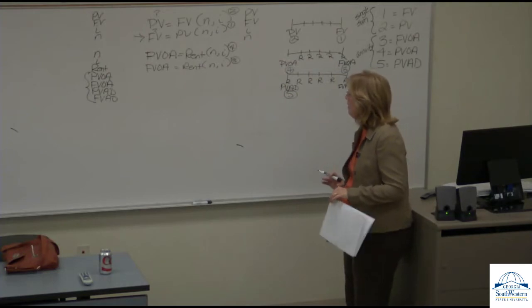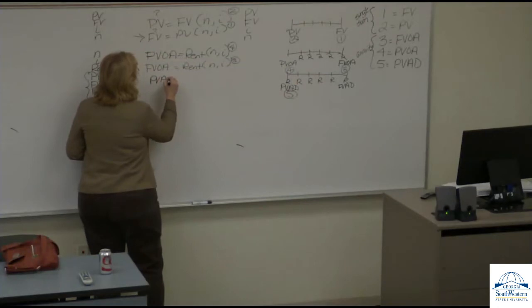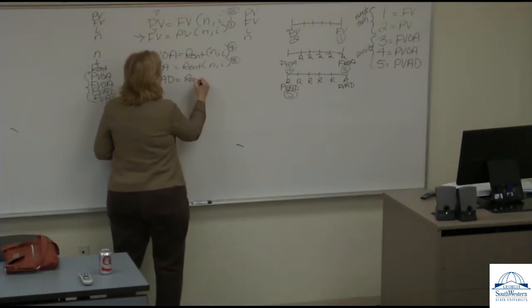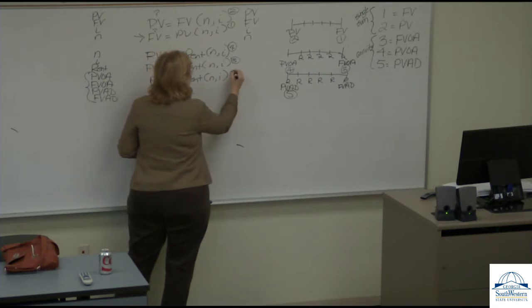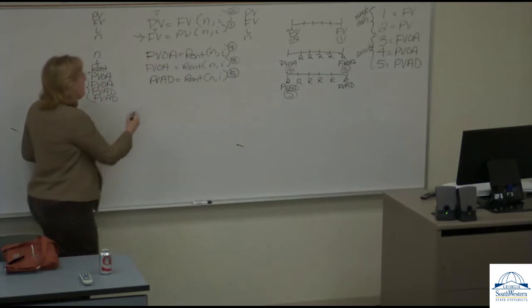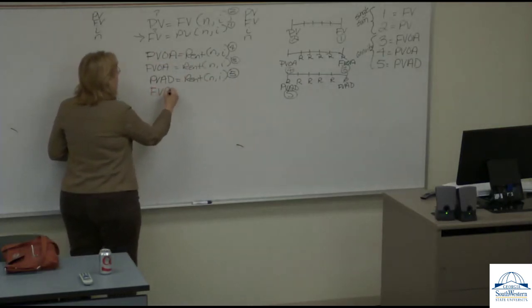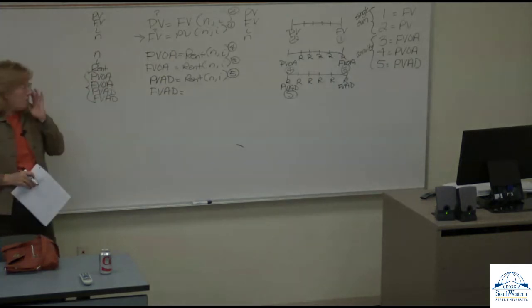And then if we have the present value of an annuity due, that's equal to the rent times the factor that we find on table 5. Okay, so now let's just go ahead and say, what do we do with the future value of an annuity due?